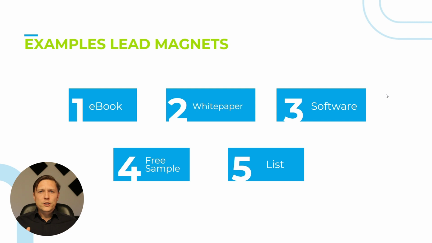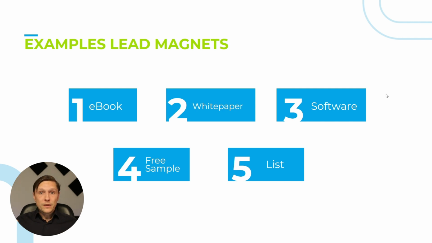Or it could be also a list, like for example, a checklist with precise steps that people can take to achieve a certain result. Or it could be a list of books, for example, you have read. Or it could be a list of tools that your customers can use.